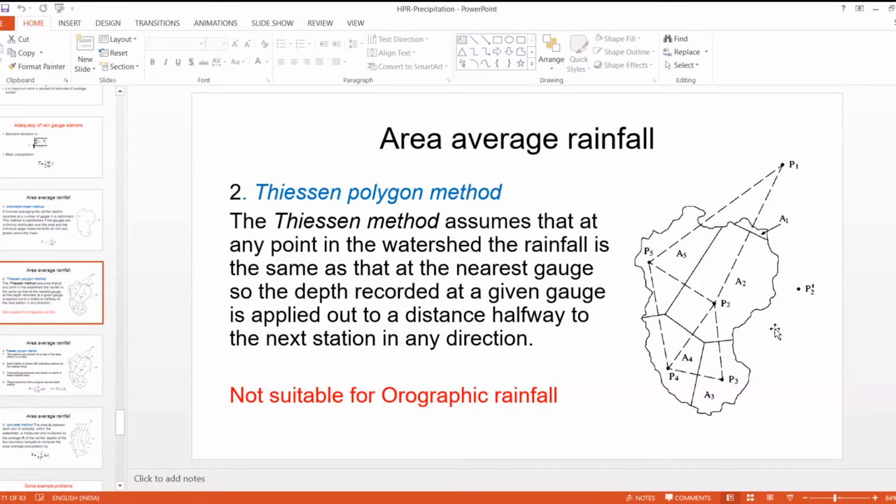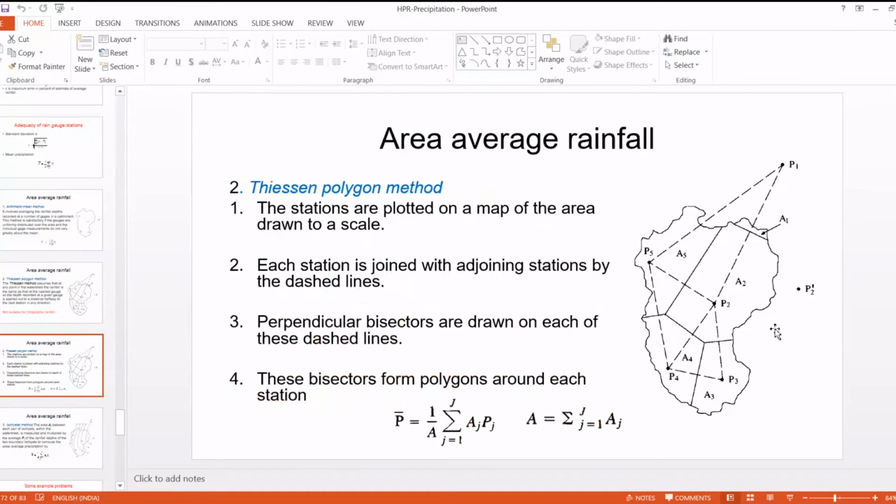Then we form a polygon around each rain gauge station. So each watershed or catchment area consists of many polygons, and each polygon is represented by one rain gauge station. In that polygon, the rainfall is given by that rain gauge station.